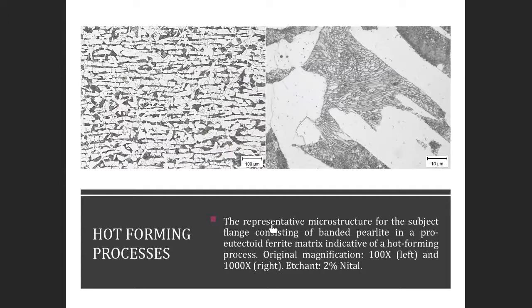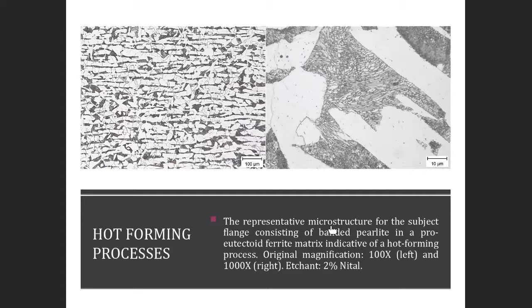This is a little description of how you could identify the microstructure itself. In text, in a report, you would say the representative microstructure, because remember, when we're taking images, we have to identify the representative microstructure.